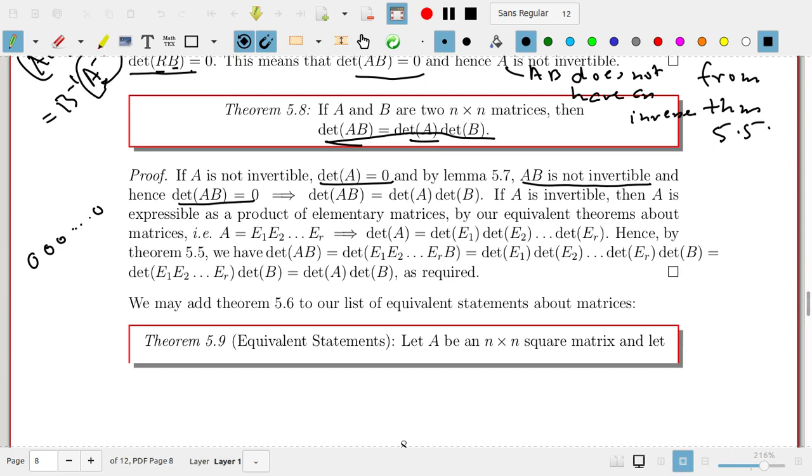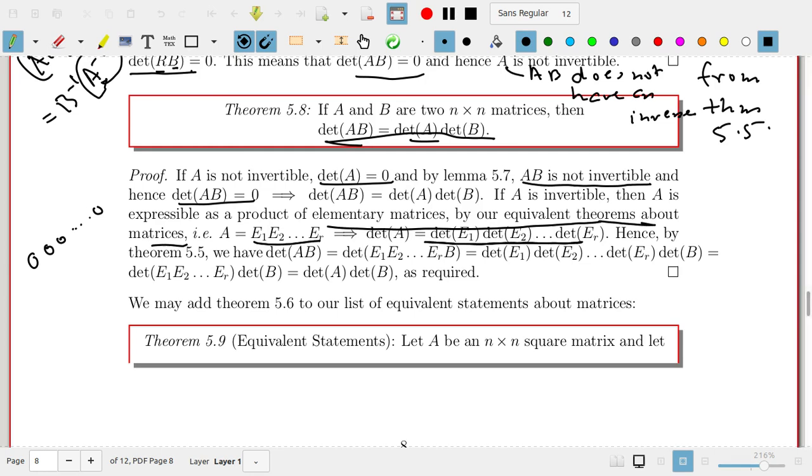But then if A is invertible, then A is expressible as a product of elementary matrices via our equivalent theorems about matrices, right? So A equals E1, E2 all the way to ER, a product of elementary matrices. So the determinant of A is the product of the determinants of these things.